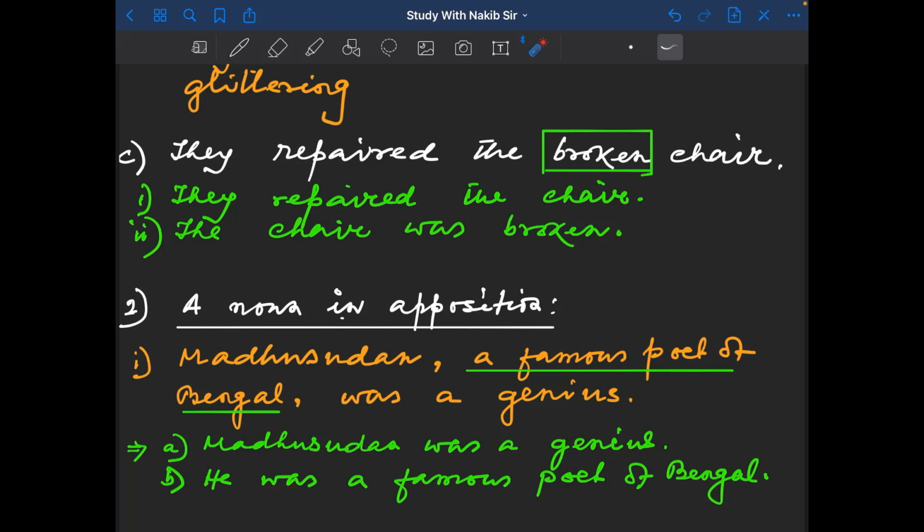Okay, so for the noun in apposition you can make a separate sentence from the given sentence, and you will split up the given sentence easily.